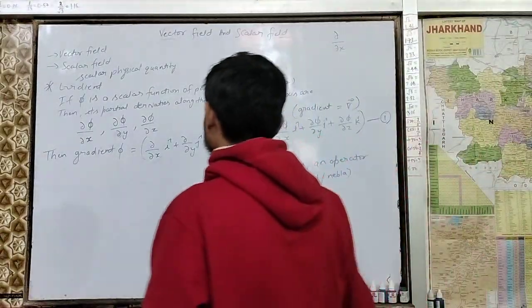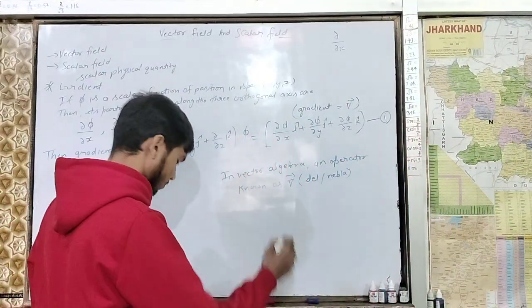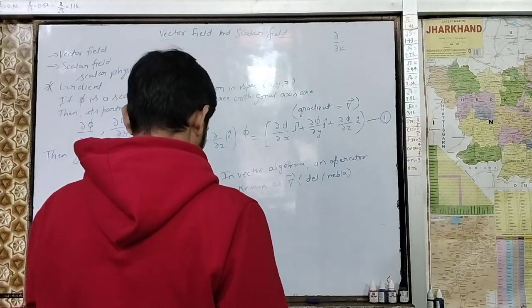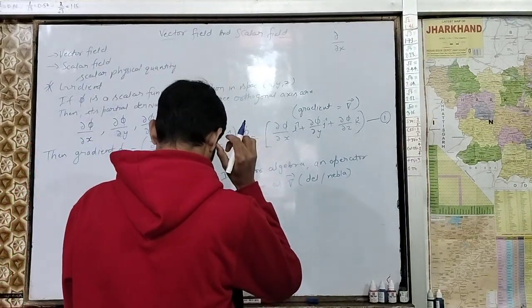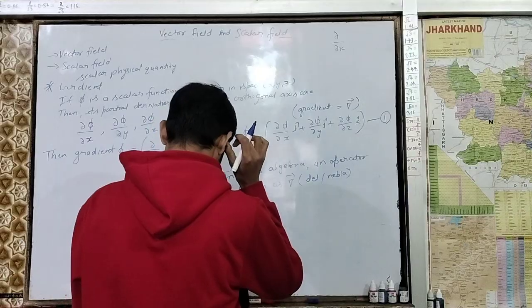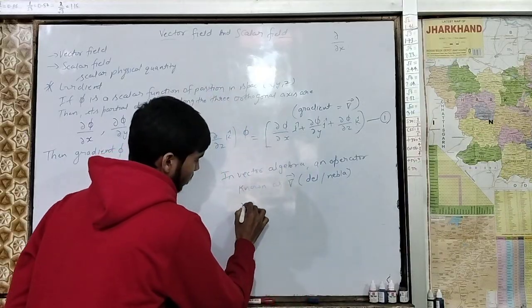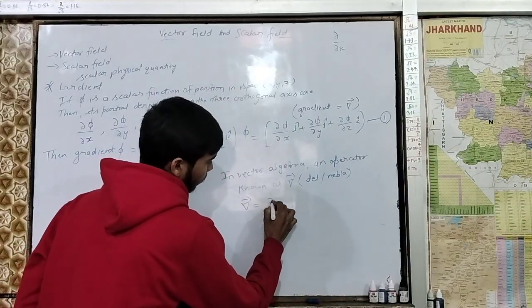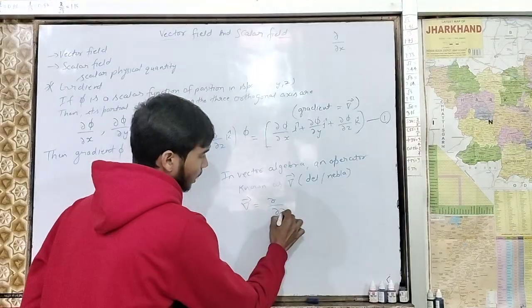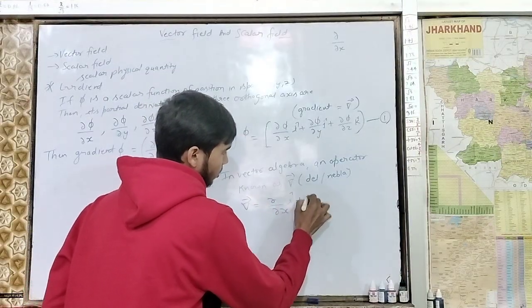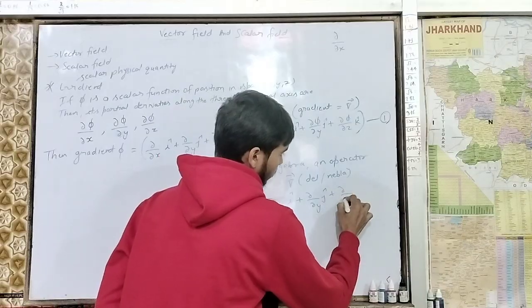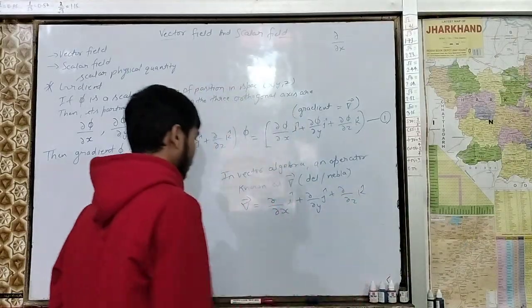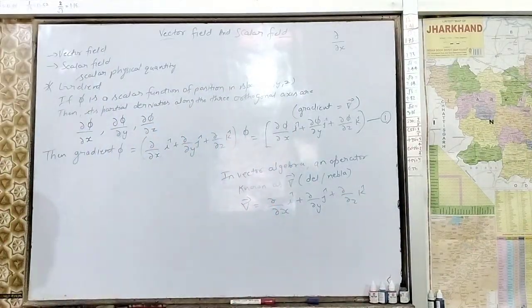Clear? So you can say this is equal to d upon dx i cap plus d upon dy j cap plus d upon dz k cap. Got it?